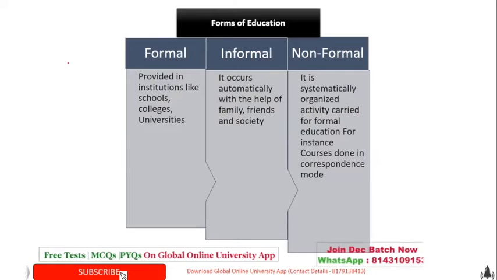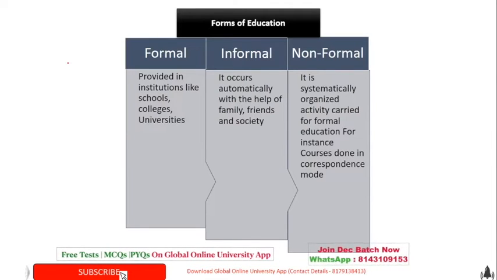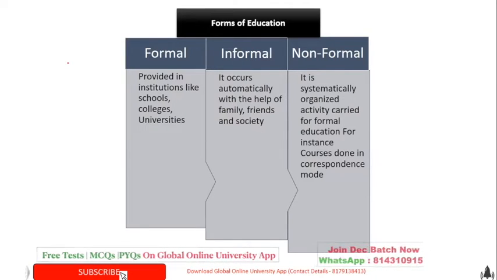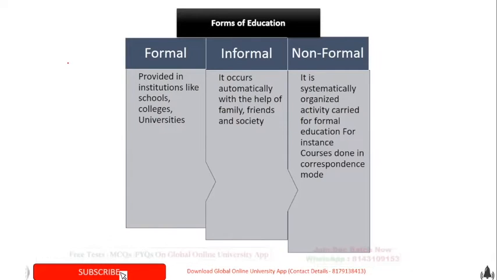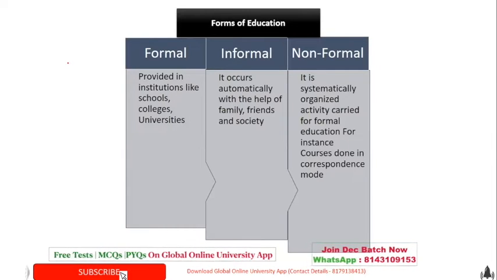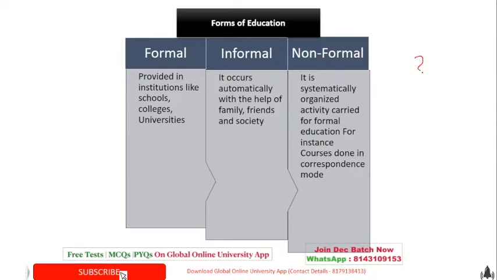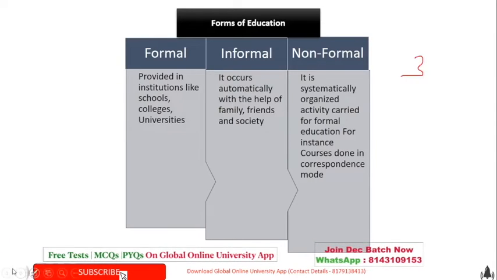Then comes non-formal, which is again a systematic activity, but it is basically with the help of distance learning, that is, correspondence courses done in correspondence mode. So, the three forms of education are formal, informal, and non-formal.